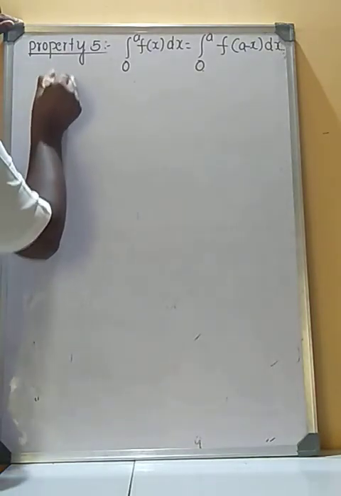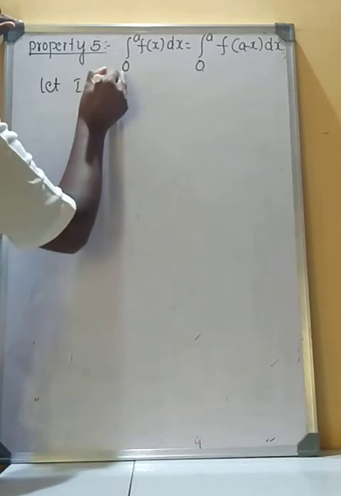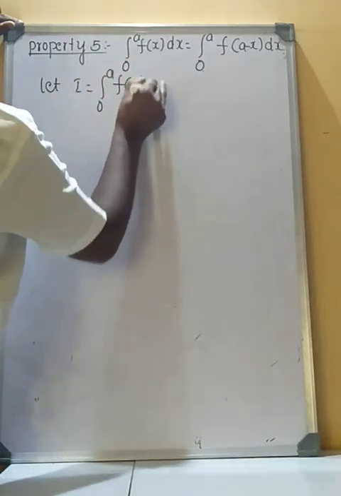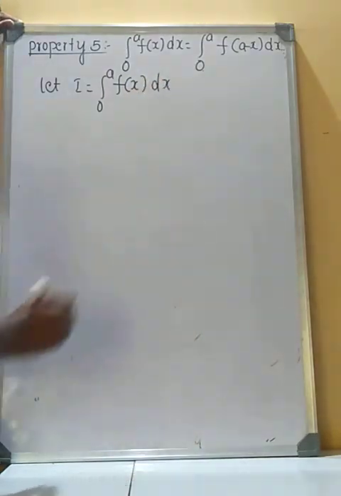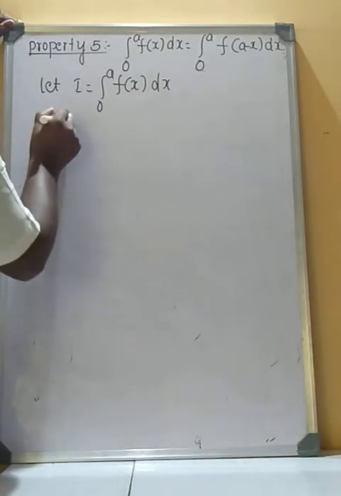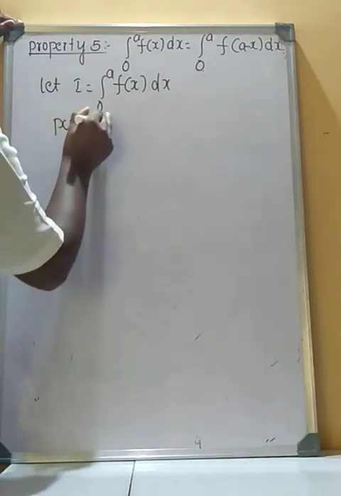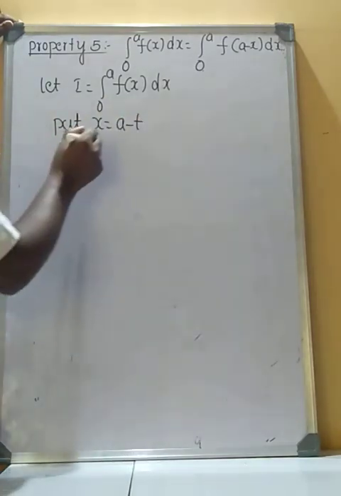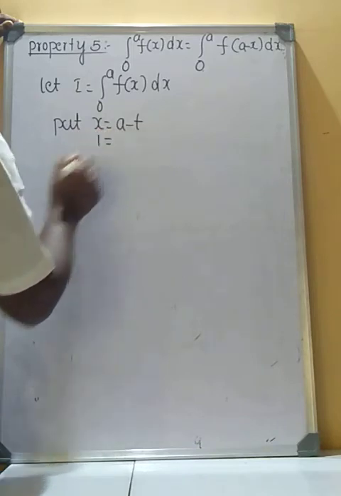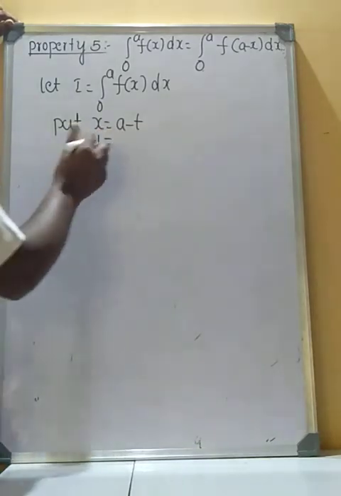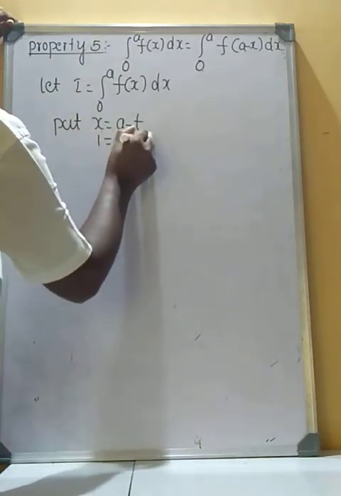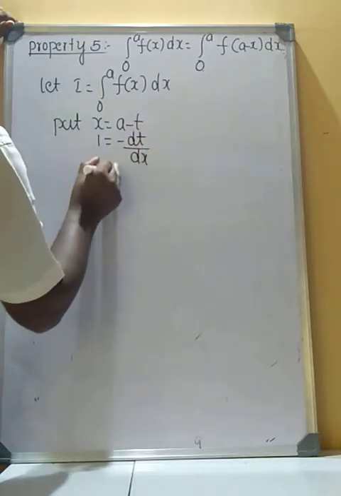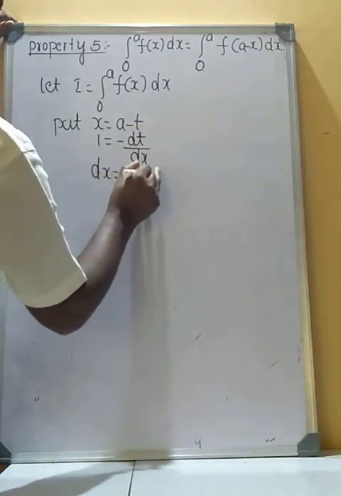So let I is equal to integral 0 to a f of x dx. Put x is equal to a minus t. Differentiate with respect to x: 1 equals minus dt by dx, therefore dx is equal to minus dt.